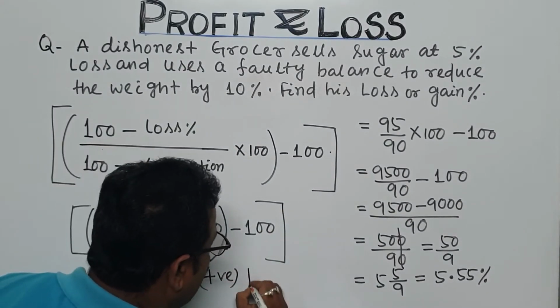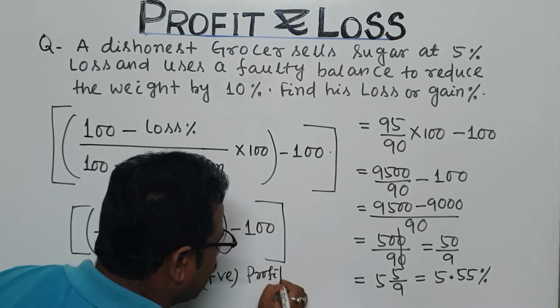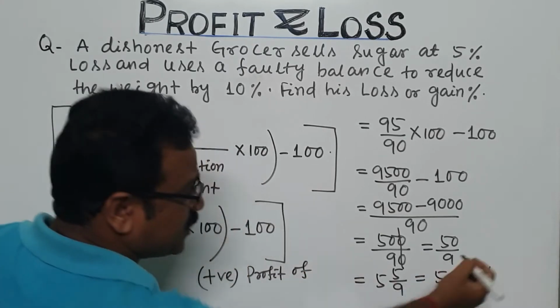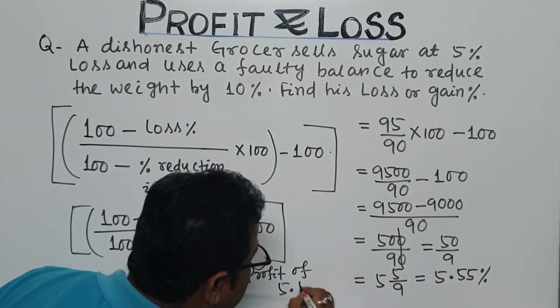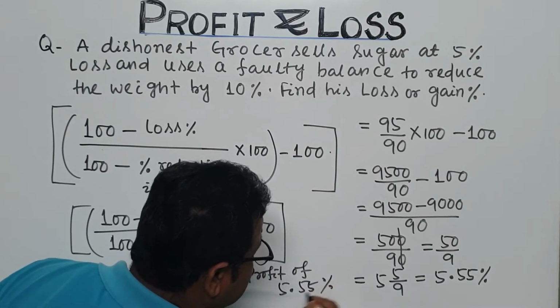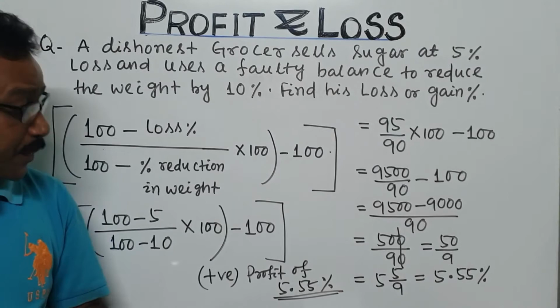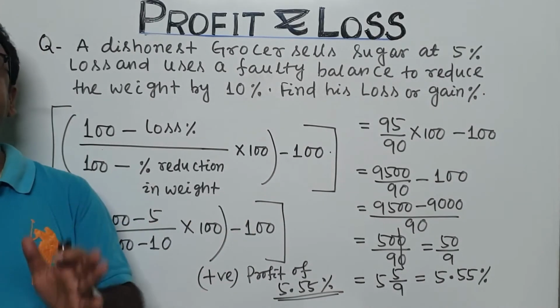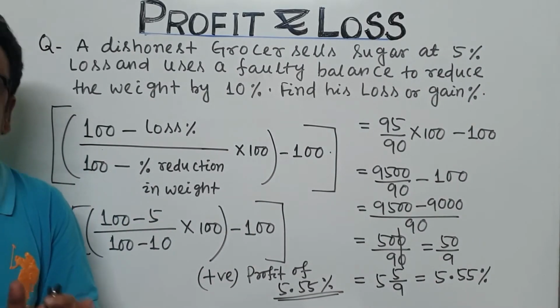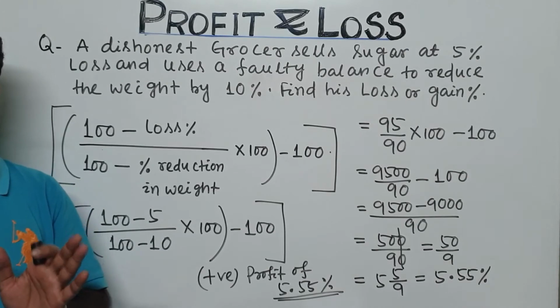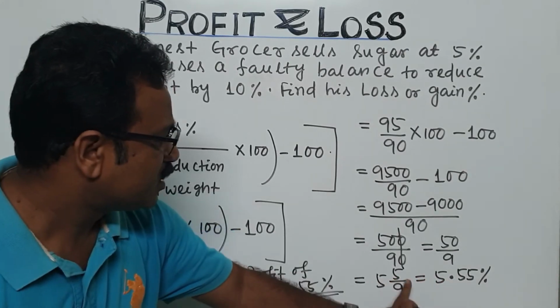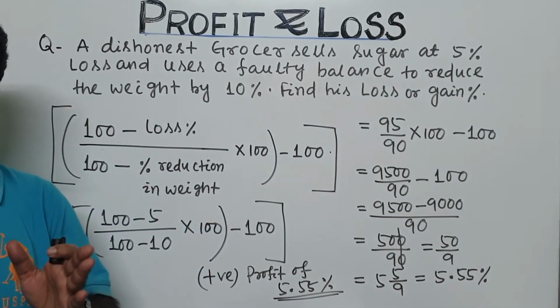So profit of how much percent? 5.55%. So the shopkeeper makes a profit of 5.55%. 1 by 9 is 0.11, so 5 by 9 is 0.55.